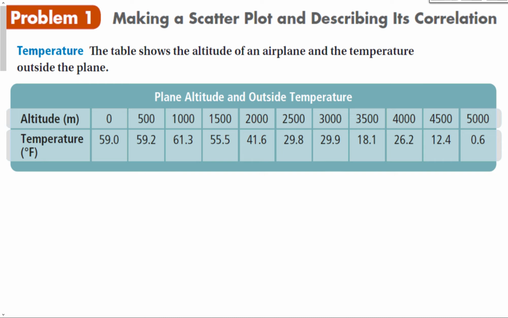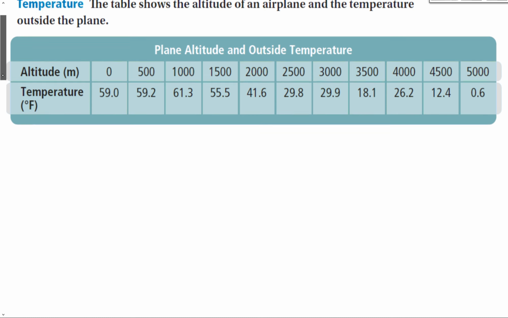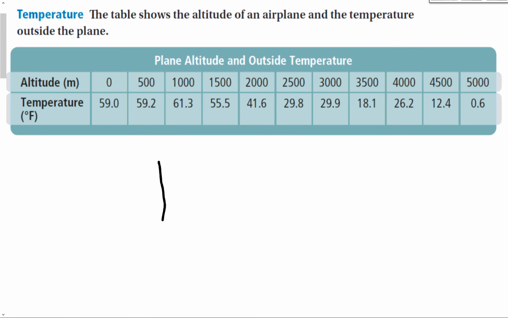So our first problem here is to make a scatter plot and describe its correlation. The table shows the altitude of an airplane and the temperature outside the plane. So let's take this data and make a real basic plot.